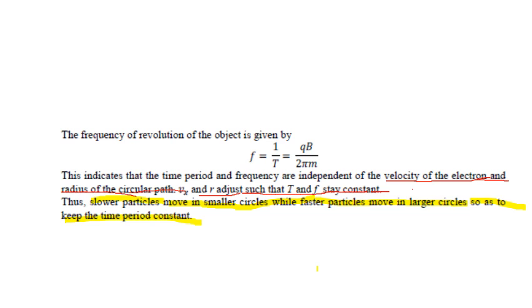How can you show that T and f stay constant? You can show it here. T and f are constant and do not depend on v and radius because they are not in the formula. It will cancel out as previously. Similarly, you can also see the time period is constant.